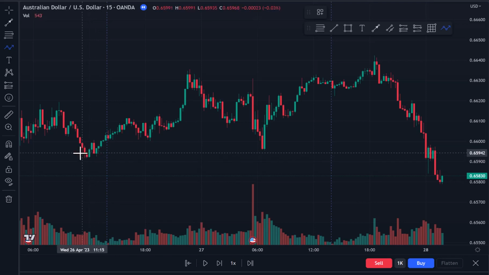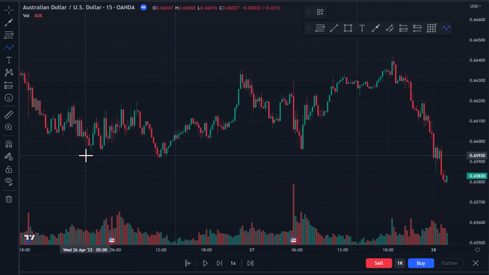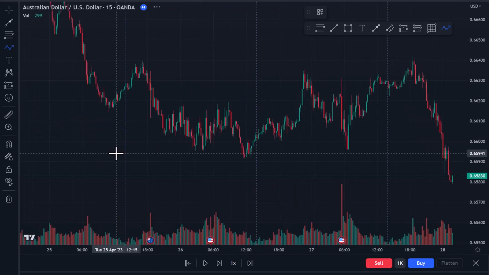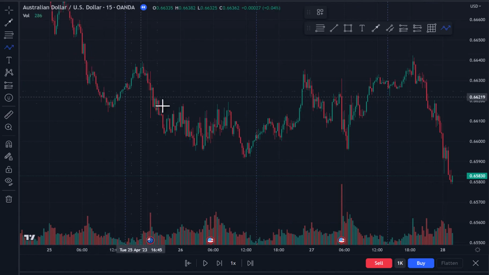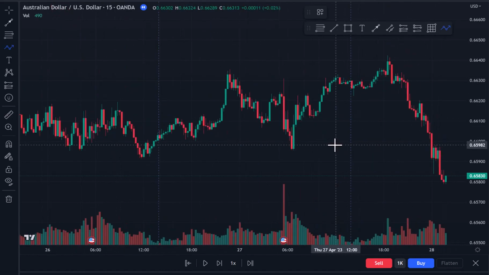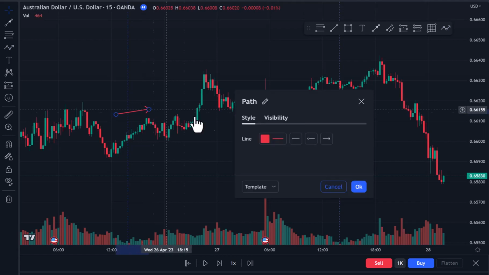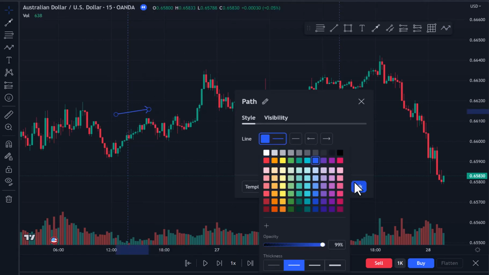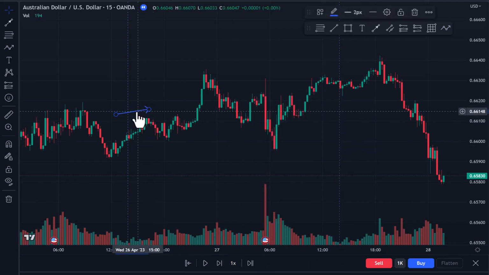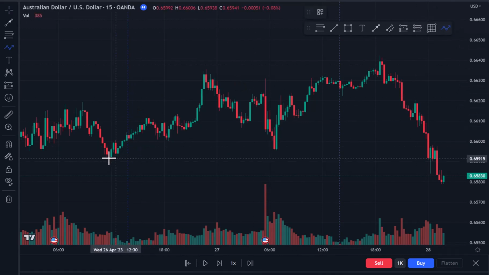So starting from this low to this high to this low, we're going to draw structure, noting as well that the 15-minute has been in a downtrend. So this isn't too difficult. We have our 15-minute path set up.